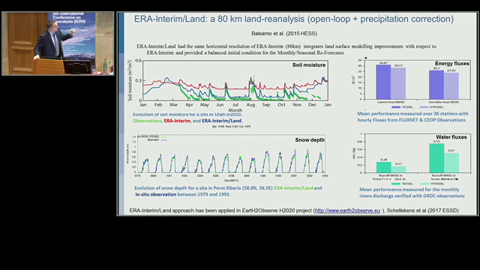Now, this approach is currently used in the Earth2Observe project, and we extend it to multi-model. So basically using ERA-Interim forcing to have several land surface and hydrological models so that we are able to characterize a global hydrological dataset from different models. And this has been recently published.